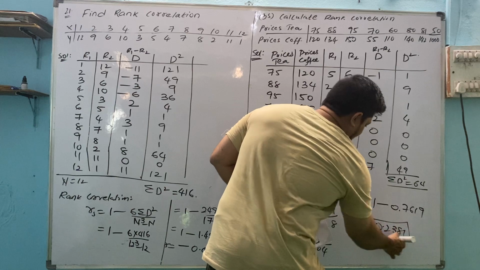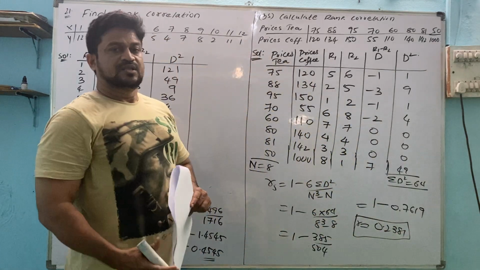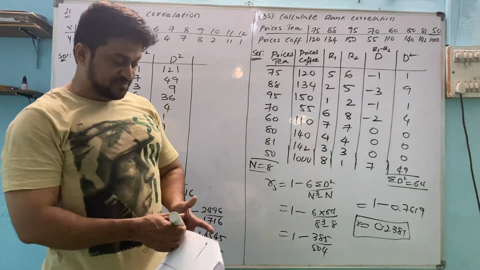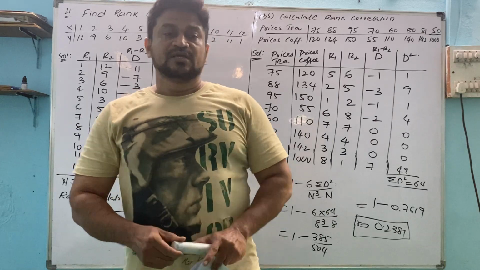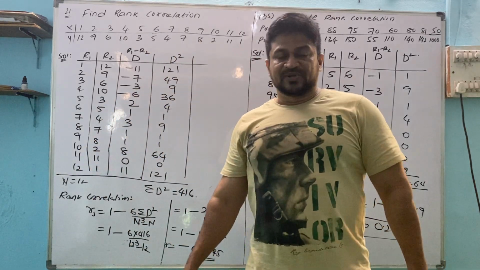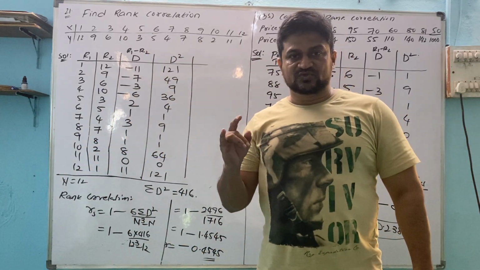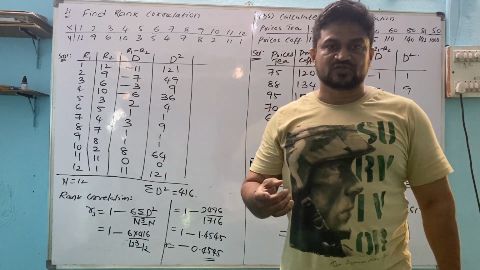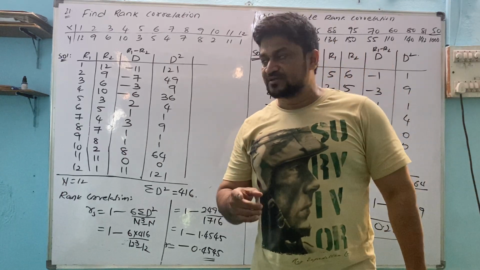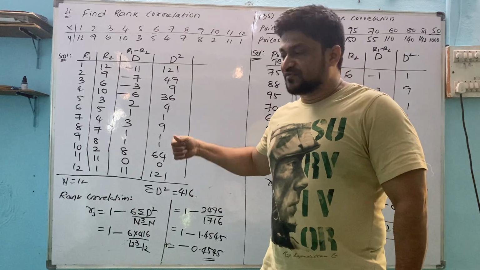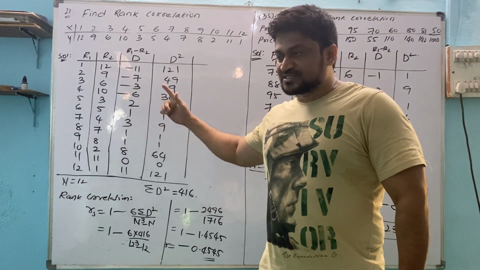This is rank correlation. In the next video we will discuss how to find rank correlation when ranks are repeated. In the previous videos we did Karl Pearson's coefficient of correlation when the mean is actual, and when the mean is assumed. Now this is rank correlation when ranks are given.